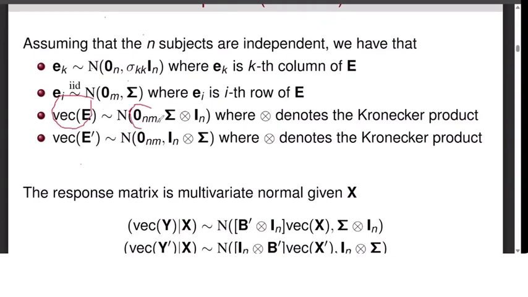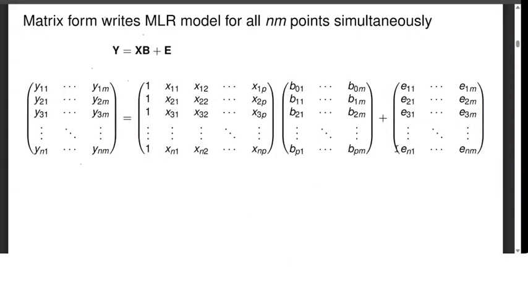Don't forget, the dimension of the error, if I go back, the dimension of the vector E is n by m. Do you see that? That's n by m.